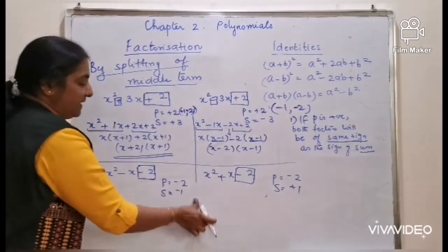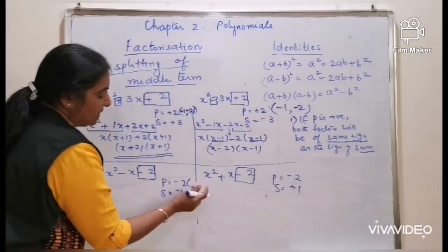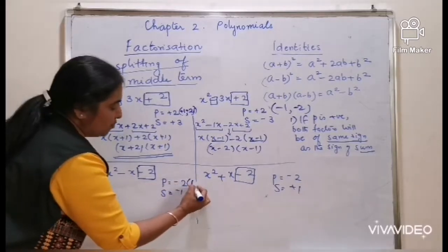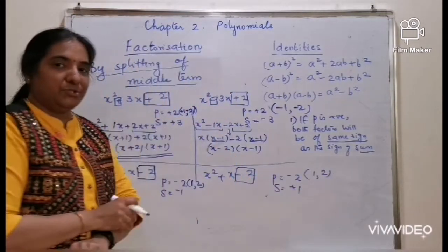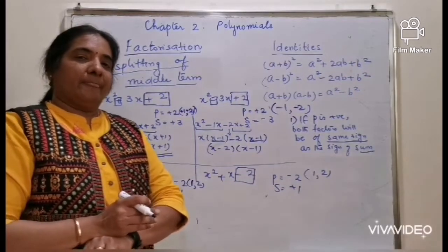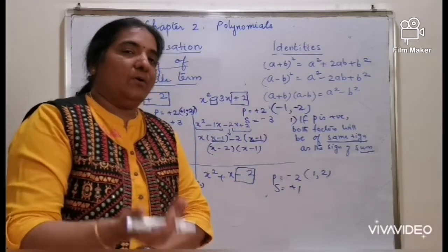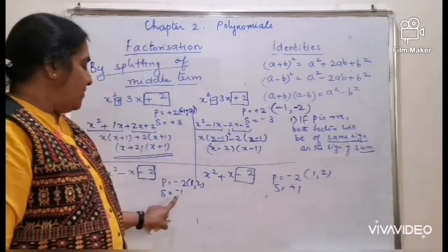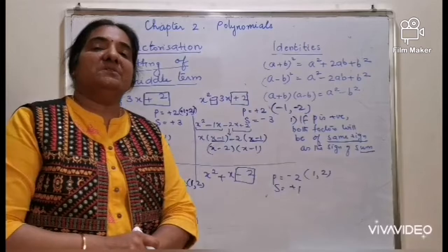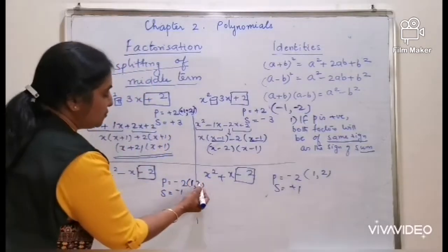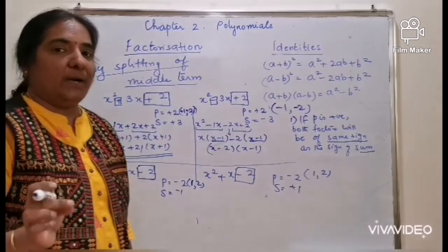What are the factors of 2? The factors of 2 are 1 and 2. But will you add or will you subtract to get the value of 1? Definitely we have to subtract, because 2 minus 1 is giving you 1.